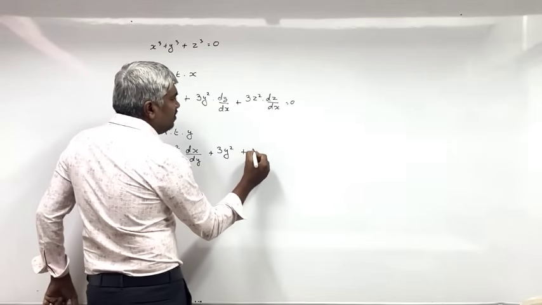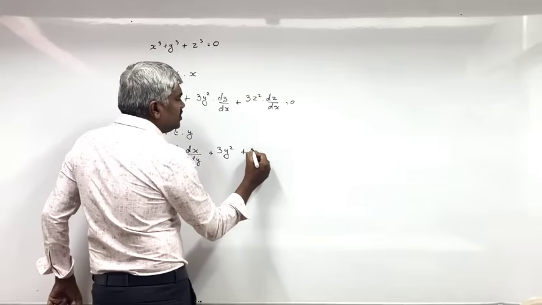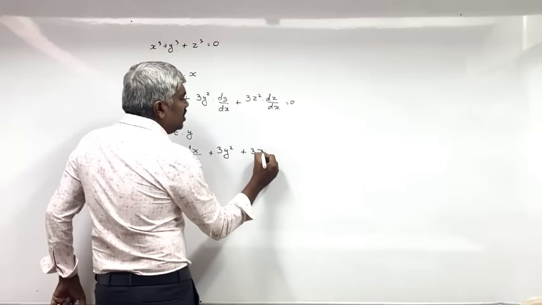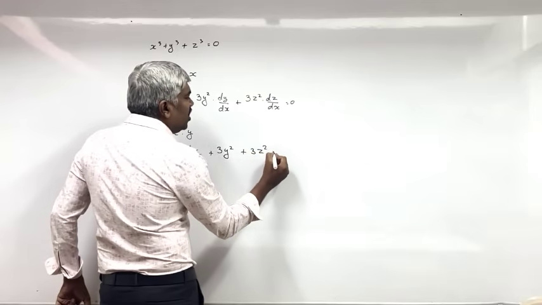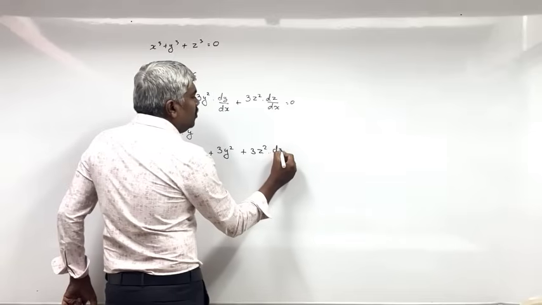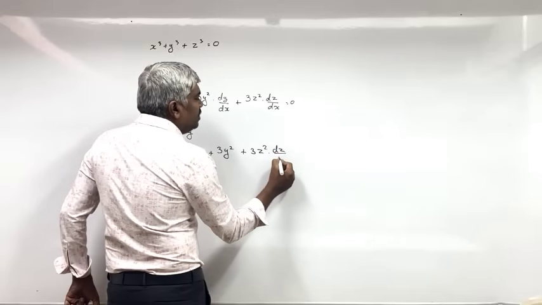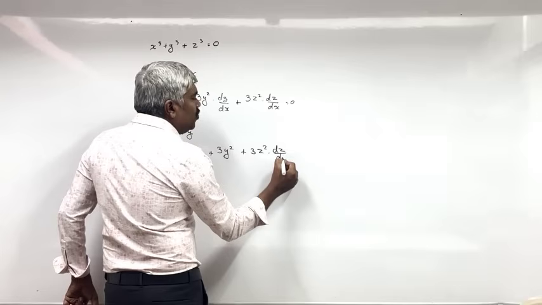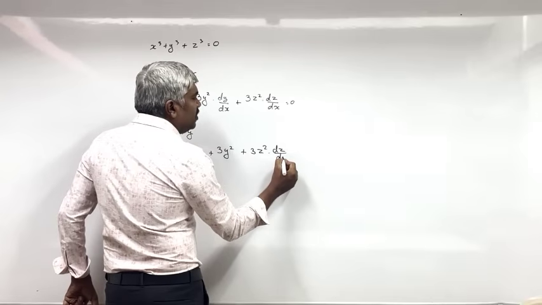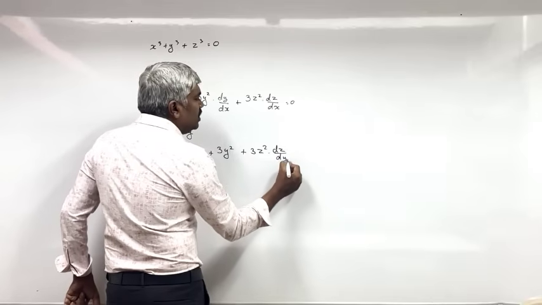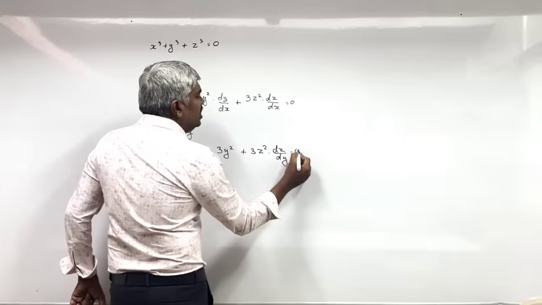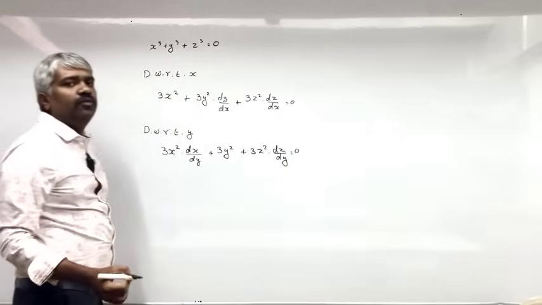Then differential of z cube is 3z square into dz by, from whom we are getting the permission, y, which is dz by dy.